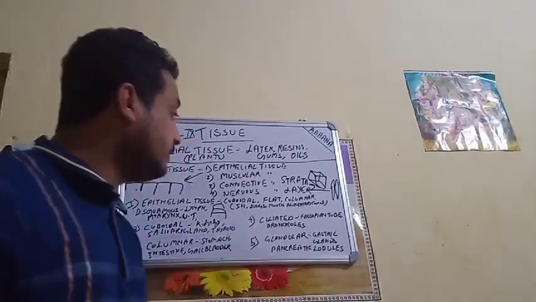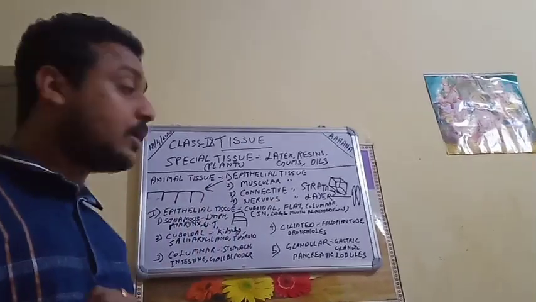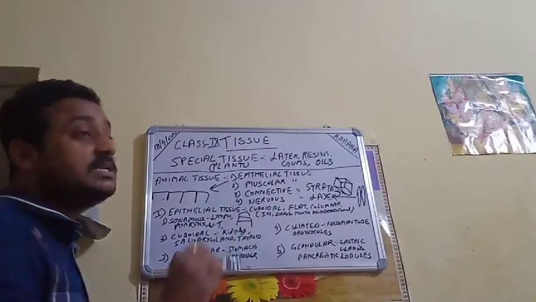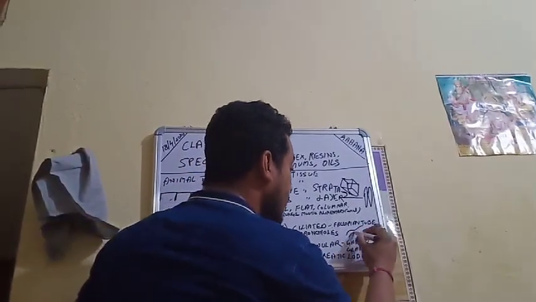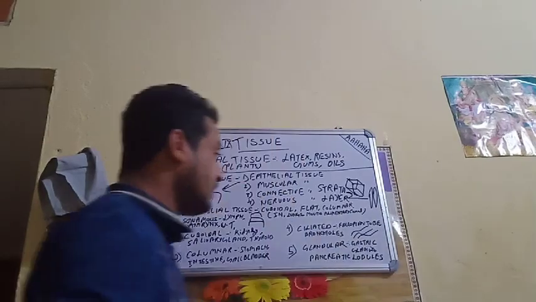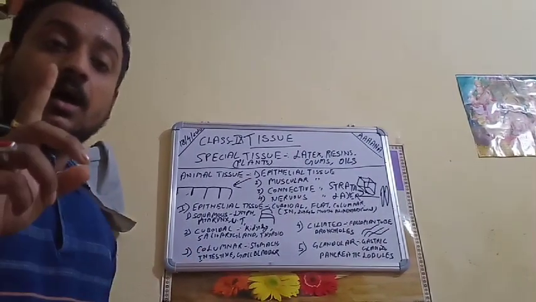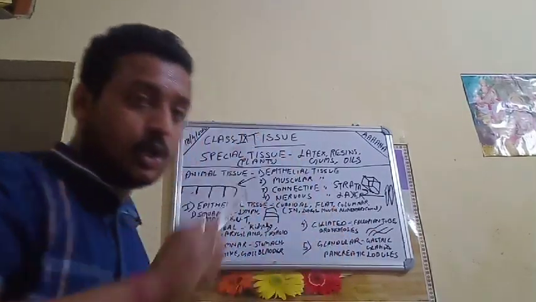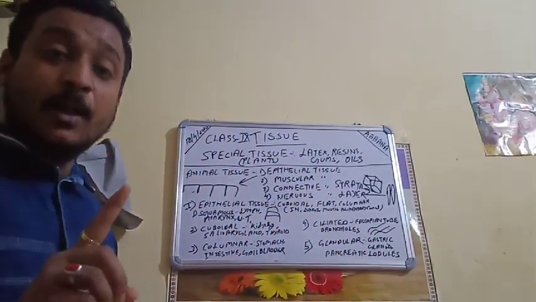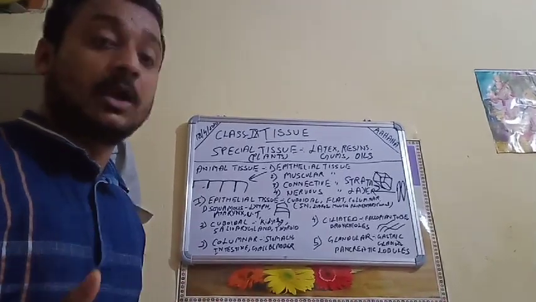Now, ciliated epithelium tissue. Ciliated means cilia, a hair-like structure, like this. So ciliated epithelium tissue, having a hair-like structure, is present in the fallopian tubes as well as the bronchioles. In the fallopian tube, it will push the ova. What is the fallopian tube? The part of the female reproductive system.